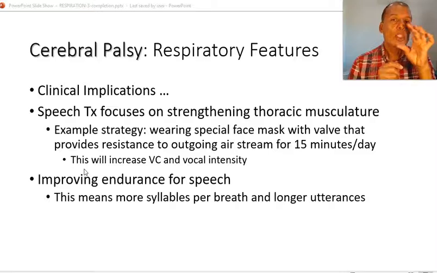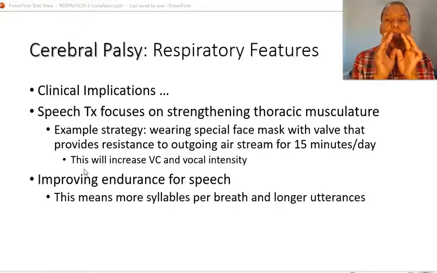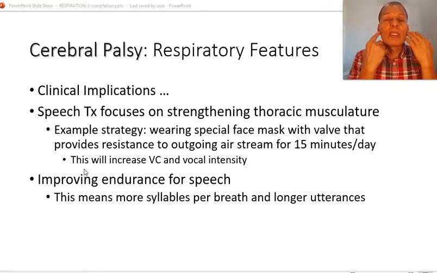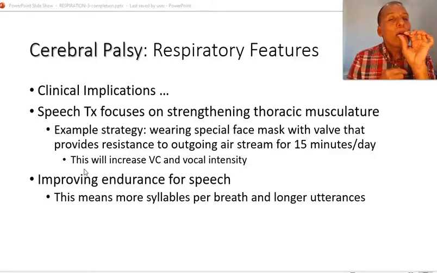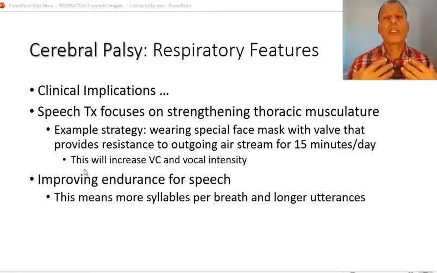It requires a certain amount of pressure to be able to open it with your breath. So every time the person exhales, they put that amount of pressure and they use expiratory muscles more actively. And when they do this 15 minutes a day, that will strengthen these respiratory muscles, and that will increase vital capacity, and it will improve vocal loudness.